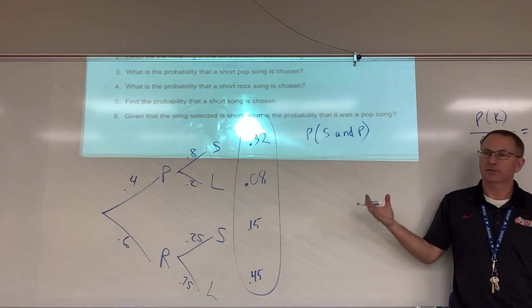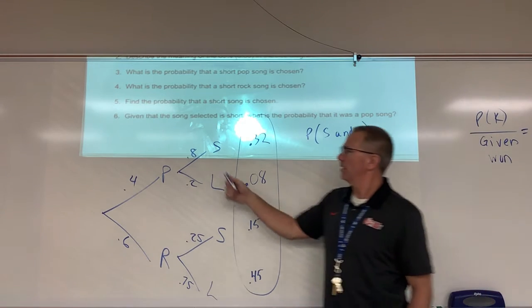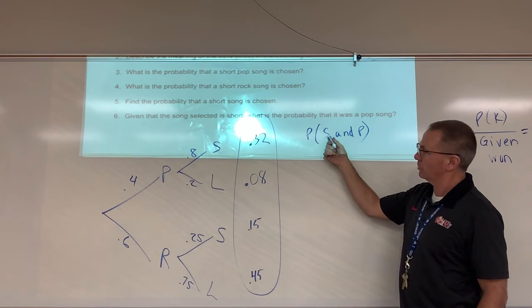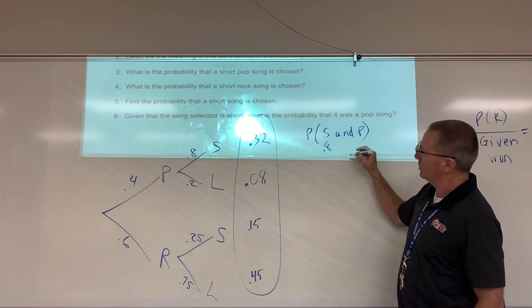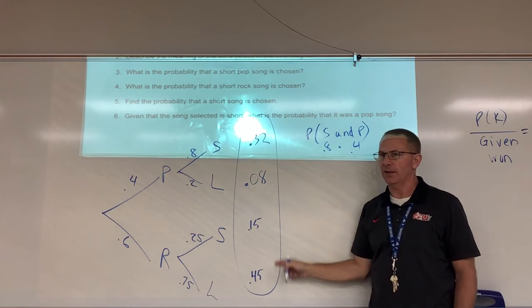Simple answer. What do you think it is? 8%. Short and a pop song. Pop song and short is 0.8. Pop song is 0.4 and means multiply. It's this one. Remember, you're only using these values.